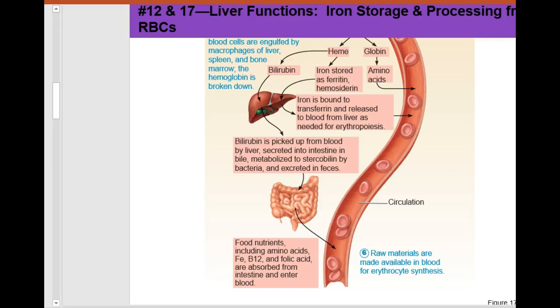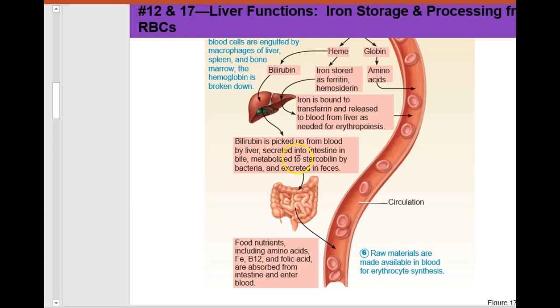So the bilirubin has to be processed. Some of it can be stored in the liver. Some of it is excess, so it ends up being excreted through fecal material. So it goes from the liver into the blood and then out through the rectum. And that is stercobilin, which is sort of like a yellowy brownish color.